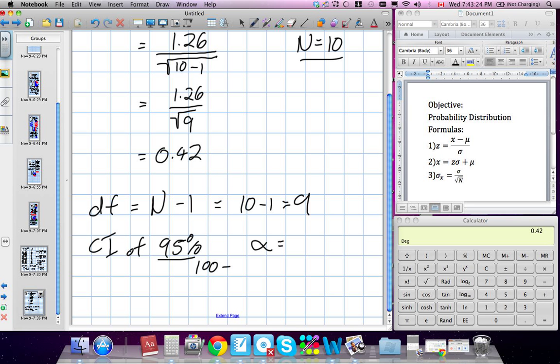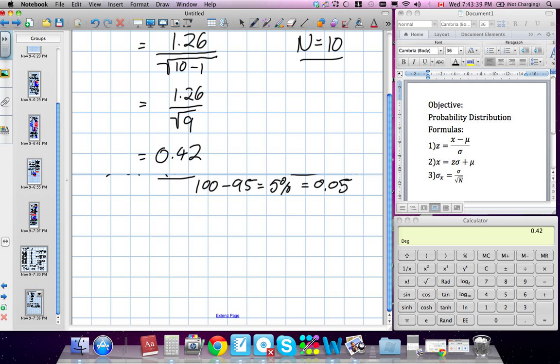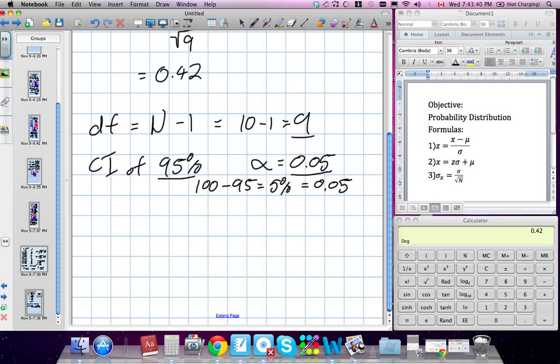Now, we're looking for a confidence interval of 95%. So we have to determine our level of significance. We take that 95% and subtract from 100, we get 5%, which is known as 0.05. So on a t-chart, we're looking for 0.05. It's like playing bingo between the numbers 9 and 0.05.